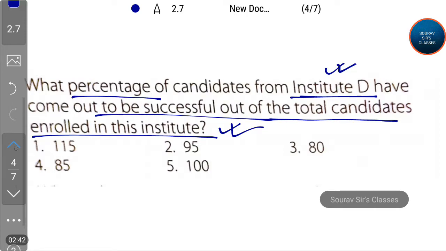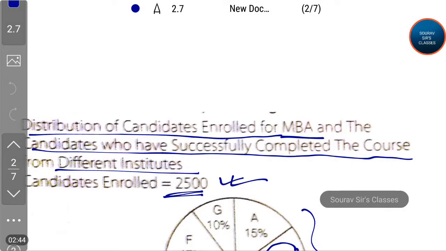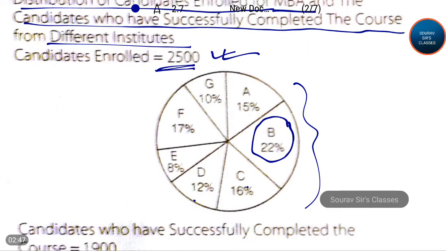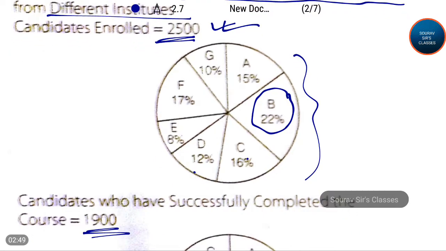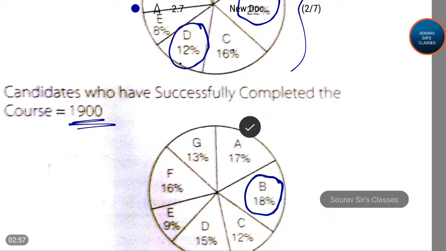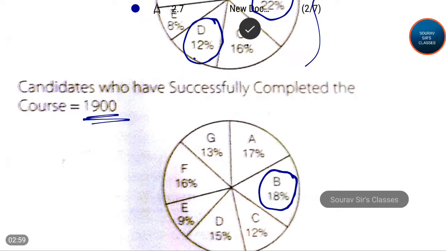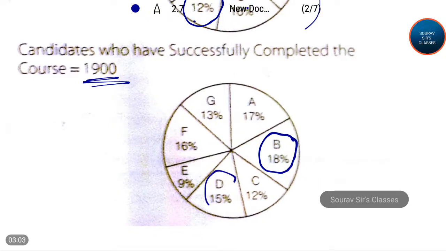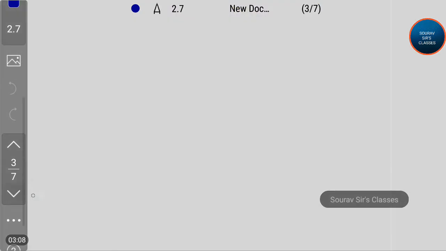Let's go back to the pie chart. The number of enrolled candidates in D is 12%, and the number of successful candidates is 15%. Now let's solve this.